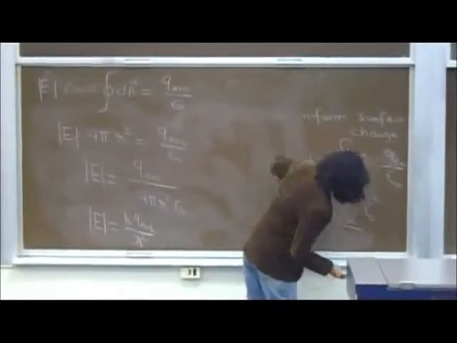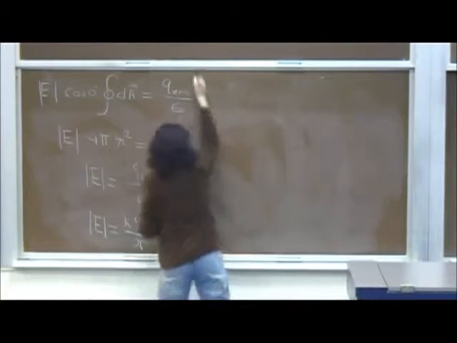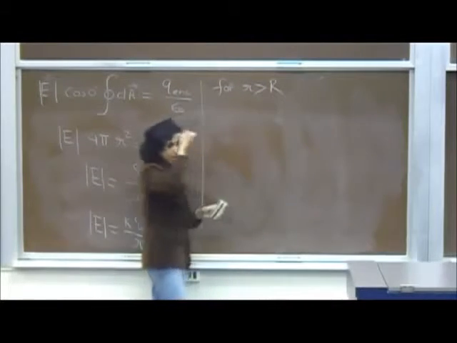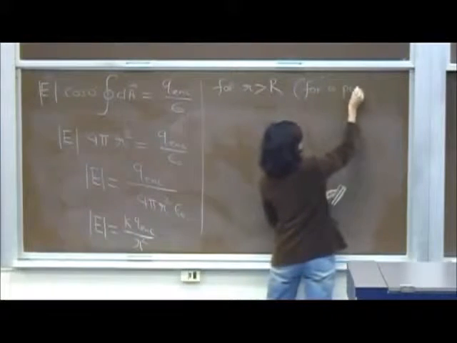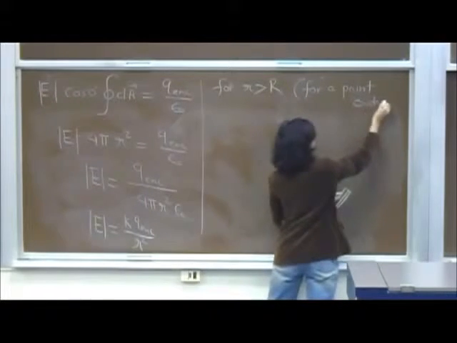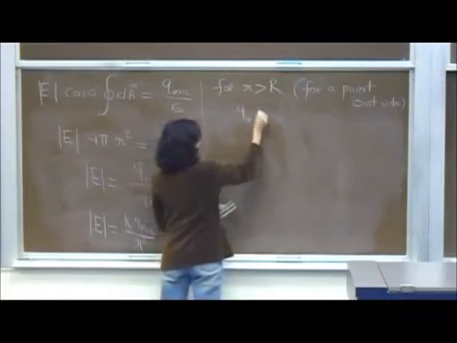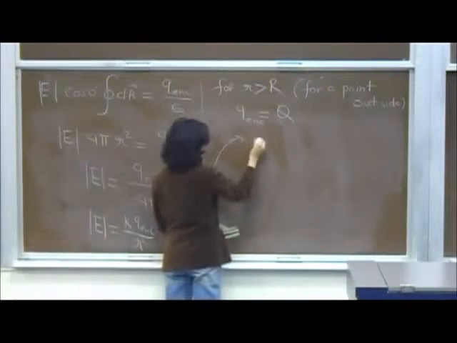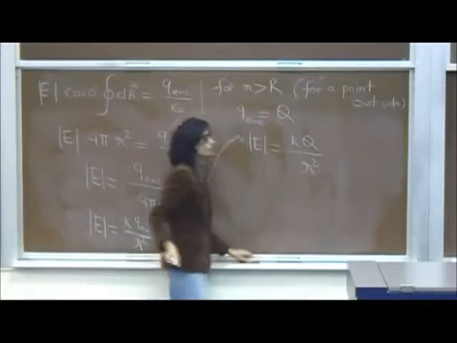So the point is that for a point outside, so for r greater than the radius of this yarn ball, we have Q enclosed equal to all of the charges Q, and so our electric field magnitude then turns out to be k Q over r squared.